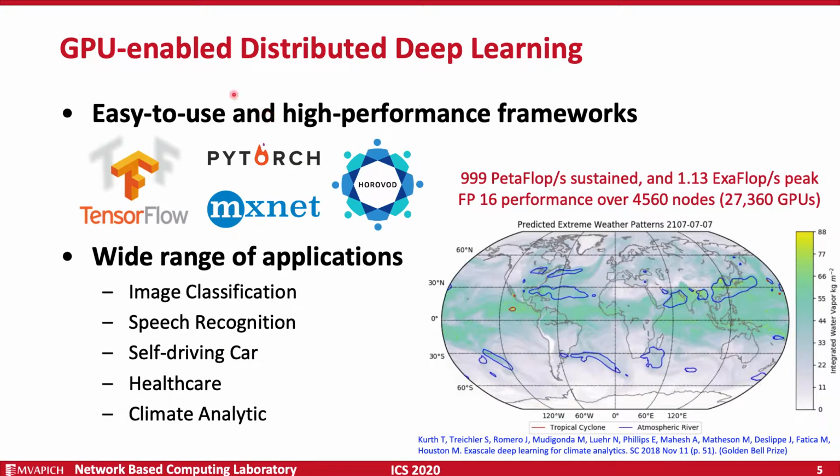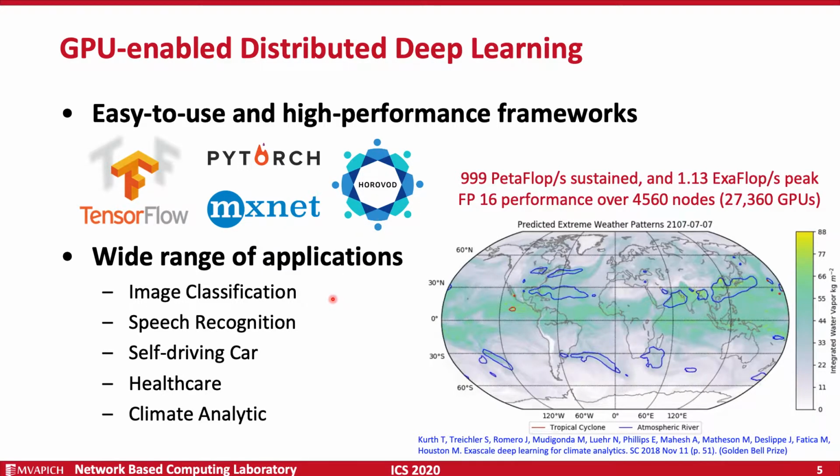So with all the powerful HPC systems, these supercomputers, we've been using that for applications like distributed deep learning. And now we've been using GPU-enabled distributed deep learning. It is very popular recently thanks to the easy-to-use and high-performance frameworks such as TensorFlow, PyTorch, MXNet, and Horovod, and there are more.